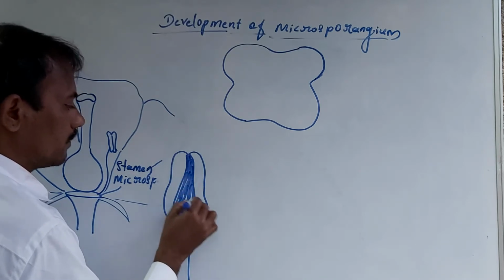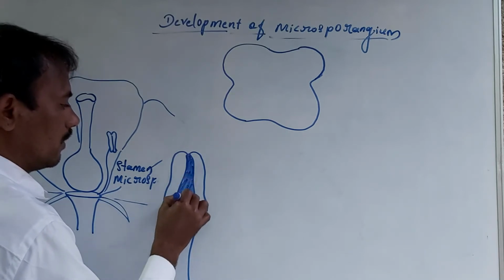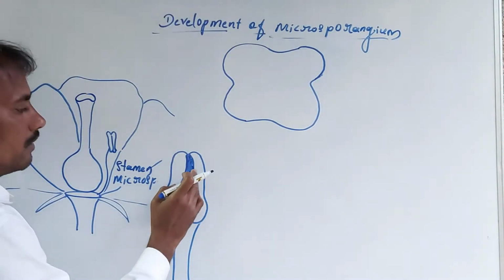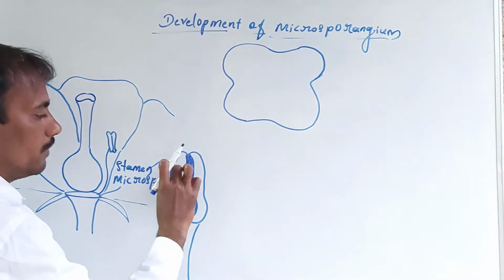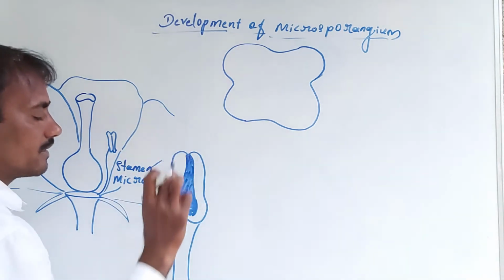There are two lobes. Each lobe contains two microsporangia, or pollen sacs, or loculi.